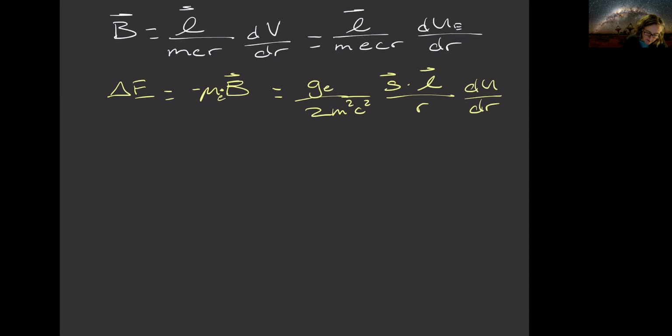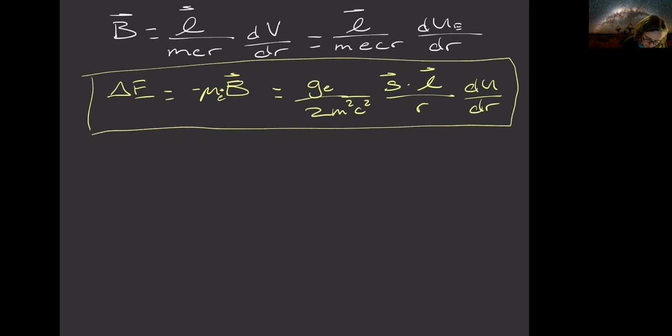And that is spin-orbit coupling. So we can see that S dotted with the angular momentum produces an effect which changes the energy level of a particular electron configuration. Spin-orbit coupling is what that's called.